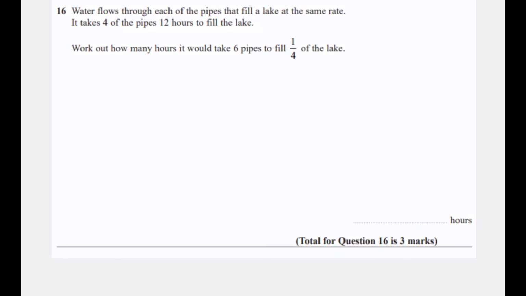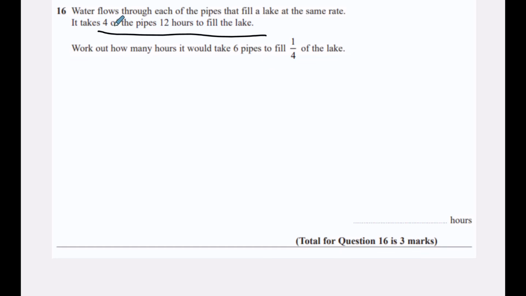Question 16. Water flows through each of the pipes that fill a lake at the same rate. It takes 4 of the pipes 12 hours to fill the lake. This is inverse proportion. So if we increased the number of pipes, the time that it takes is going to go down.